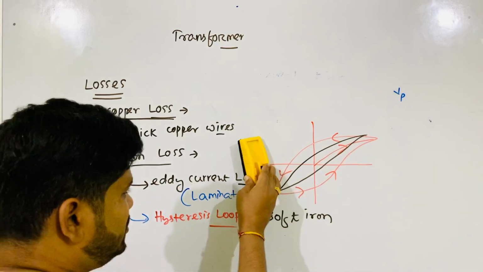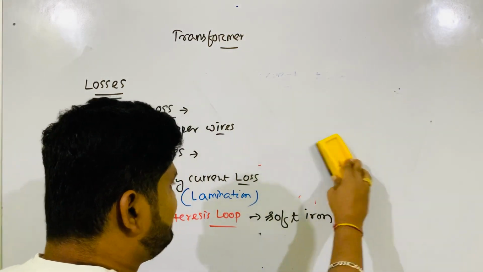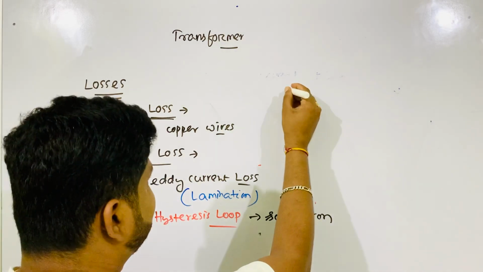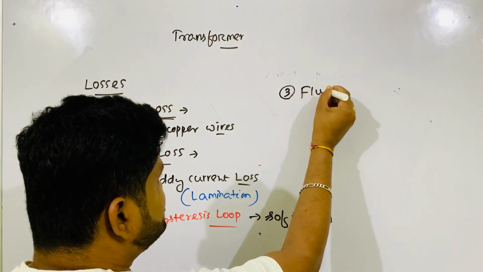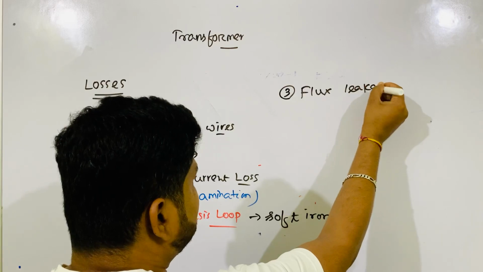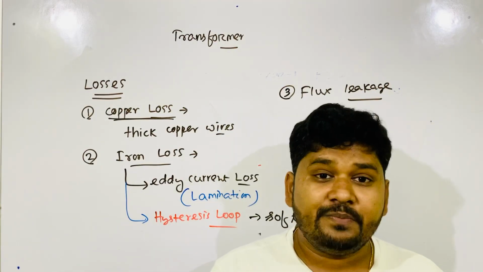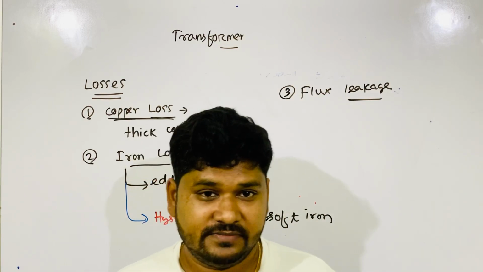Then is any other loss there in the transformer? Another loss is there, called flux leakage. What is this flux leakage? This happens due to improper alignment of the coils.